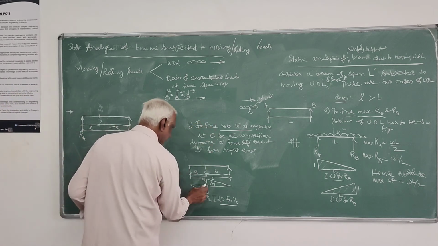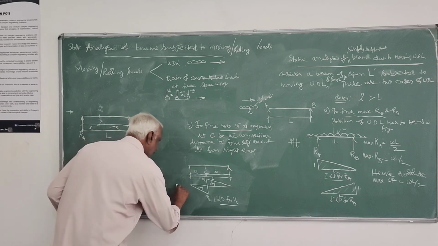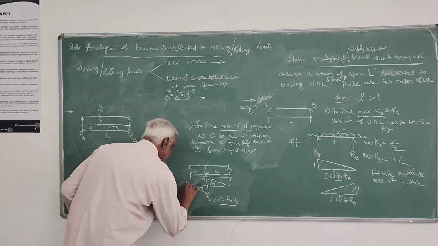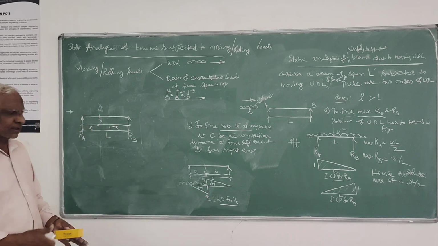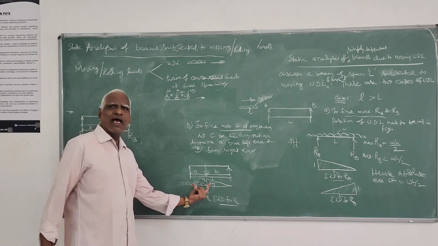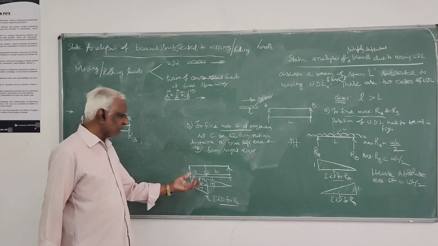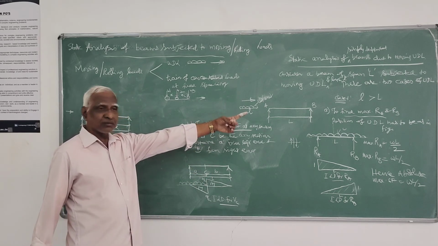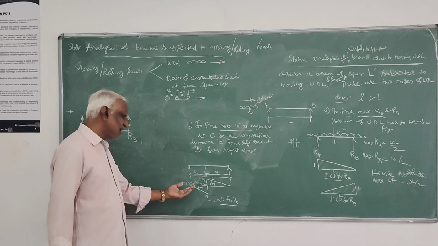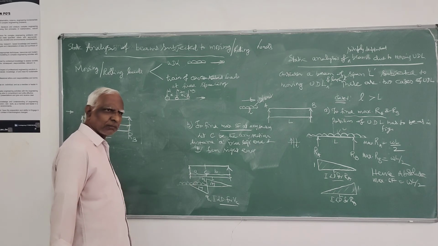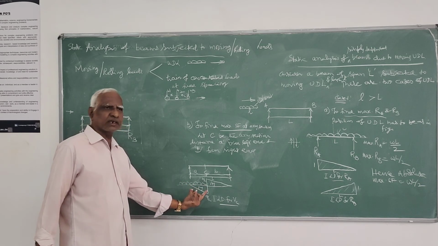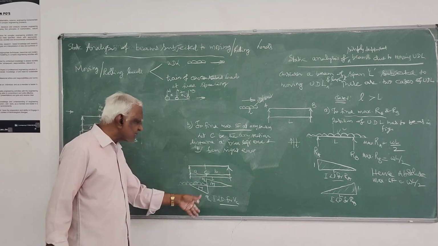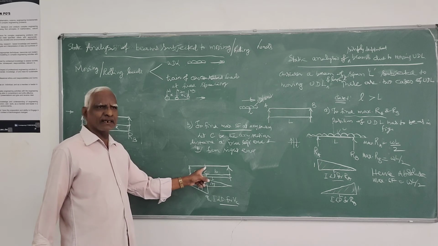So to get maximum negative shear, I have to place the UDL like this. The entire negative portion has to be loaded. Because the length of the UDL is more than the span, naturally the other portion we have to place outside the beam. So this is the position of load to get maximum negative shear at any section.